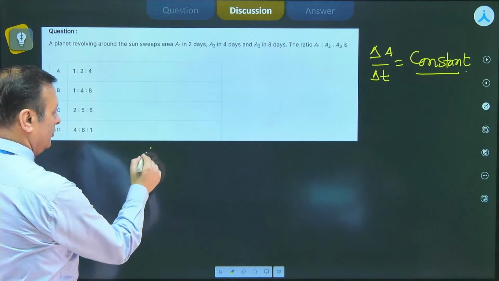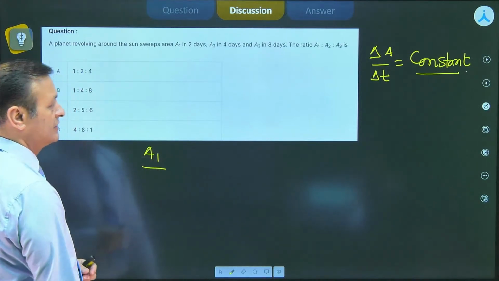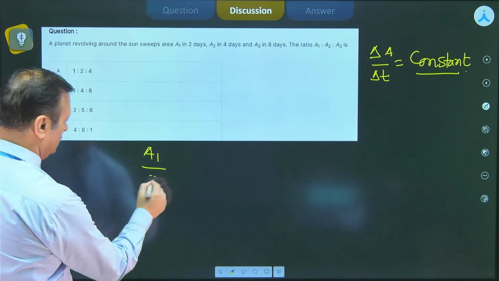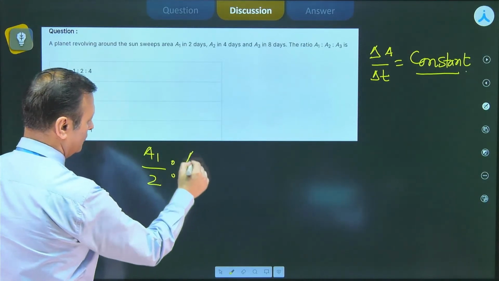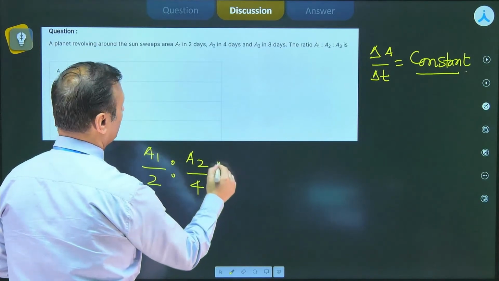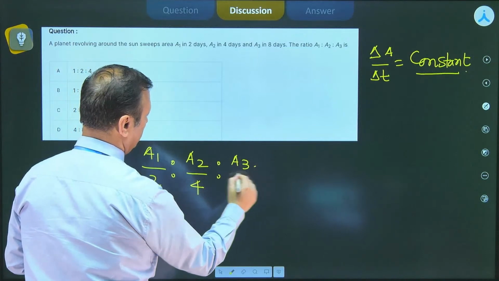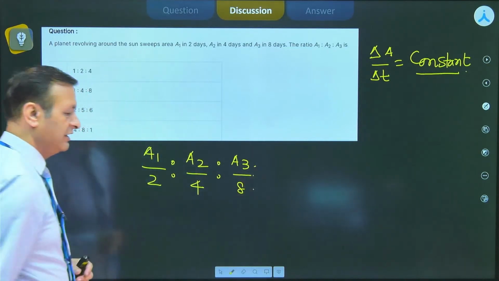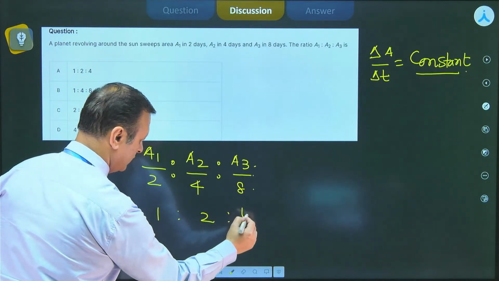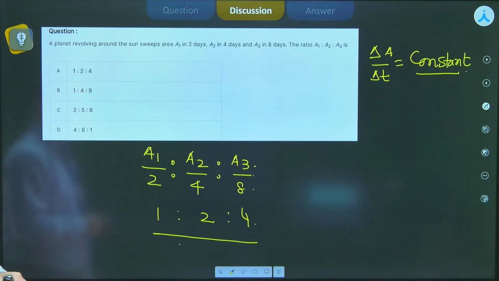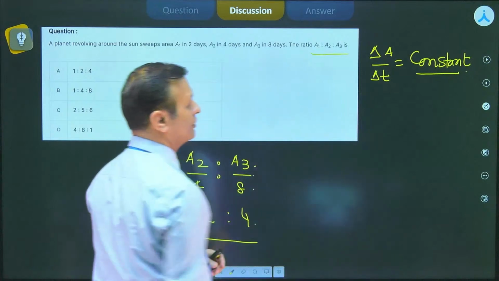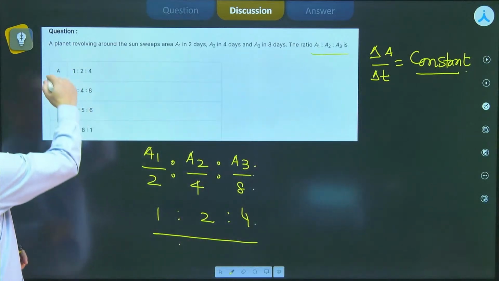So it sweeps out area A1 in 2 days, A2 in 4 days, A3 in 8 days. So 1 ratio 2 ratio 4 is the correct option for the ratio of A1 to A2 to A3.